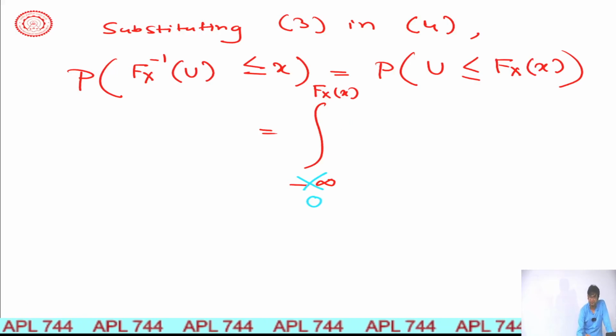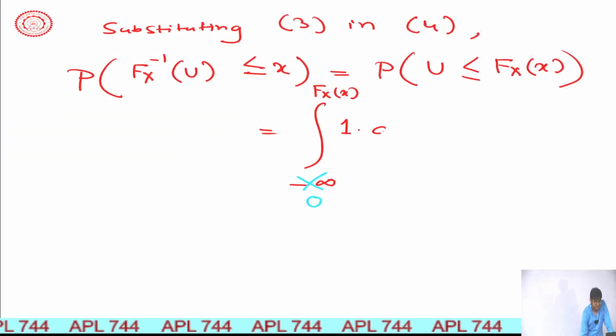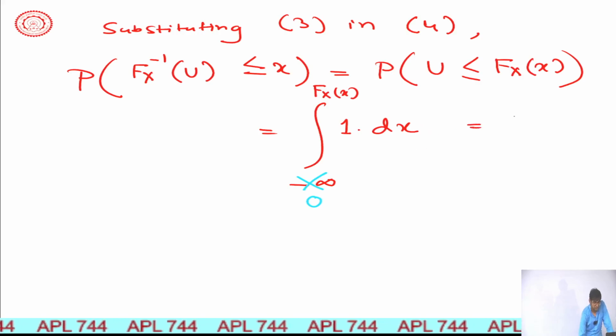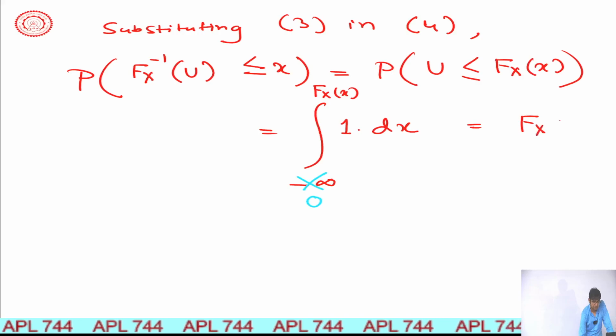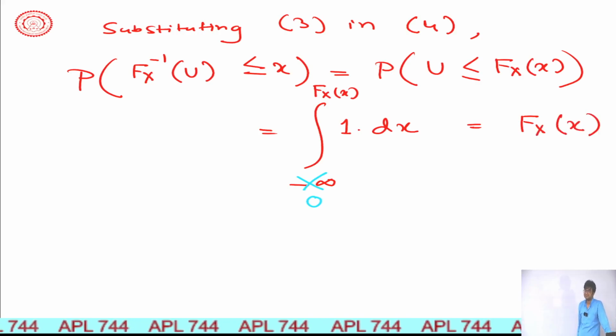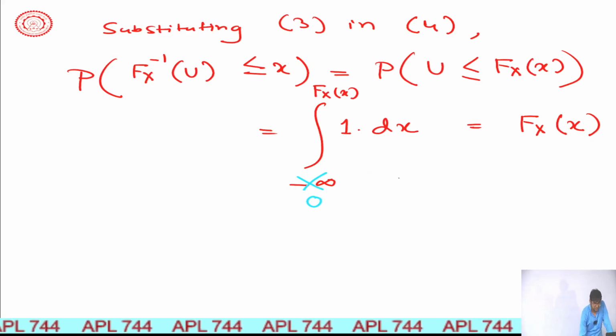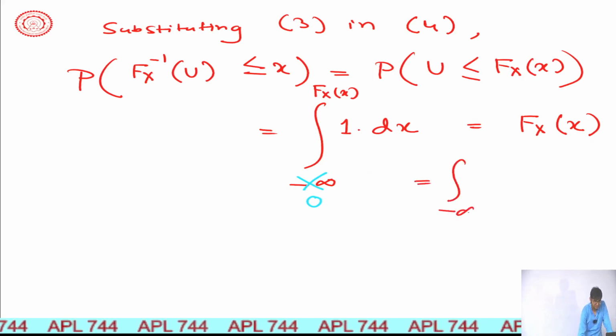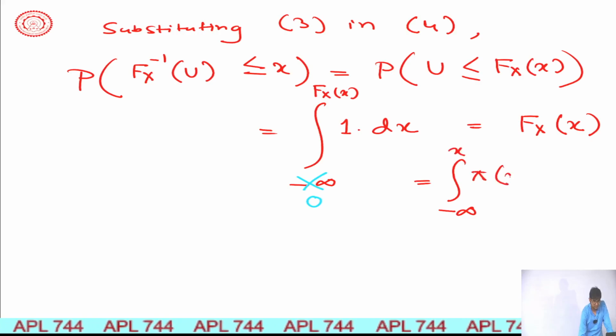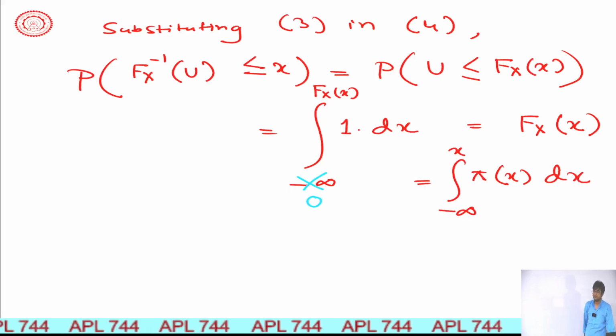And then what is the PDF of u? One by b minus a, b is 1, a is 0, so 1, dx, which is equal to, what will you get? Fx of x, right? And what is Fx of x from definition? This is equal to, from definition, right?